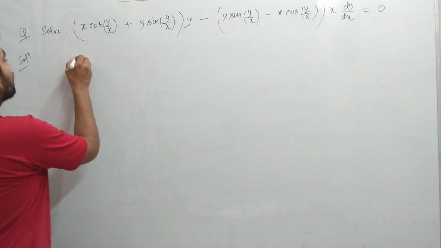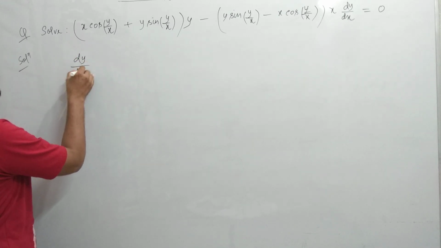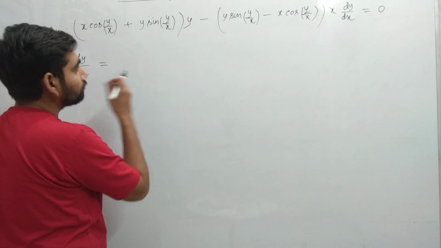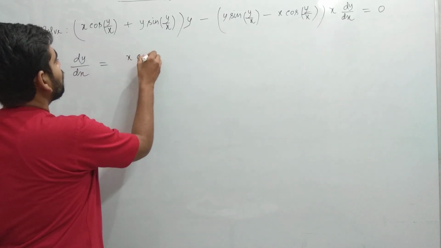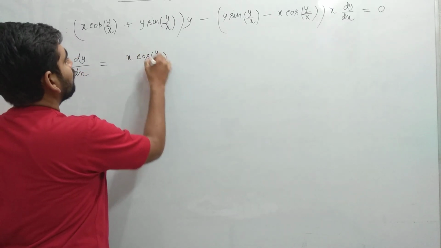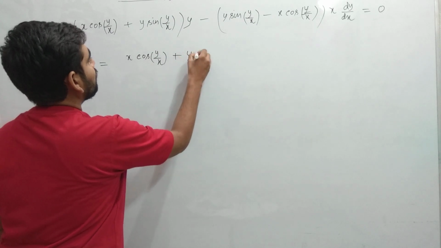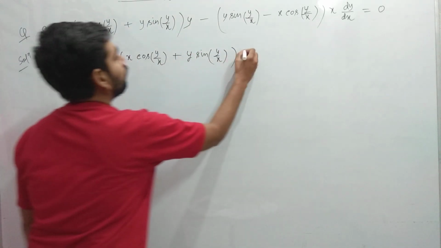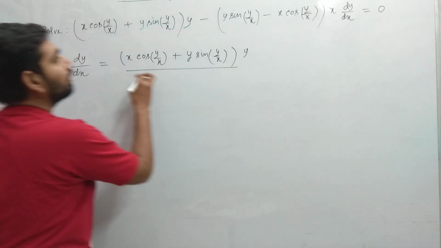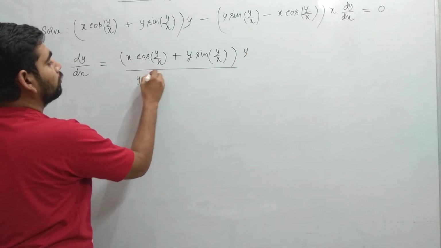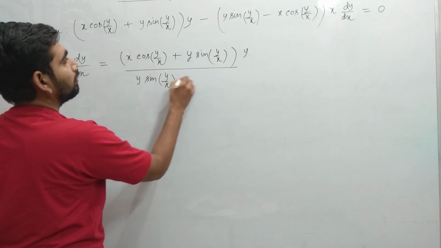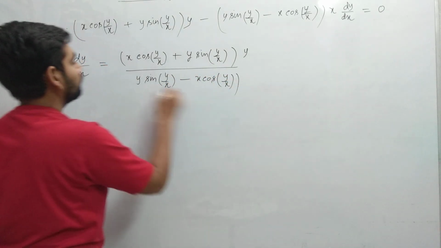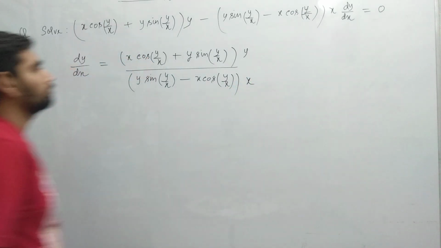Therefore, the differential equation can be written as dy by dx equals x cos y upon x plus y sin y upon x into y, upon y sin y upon x minus x cos y upon x into x.